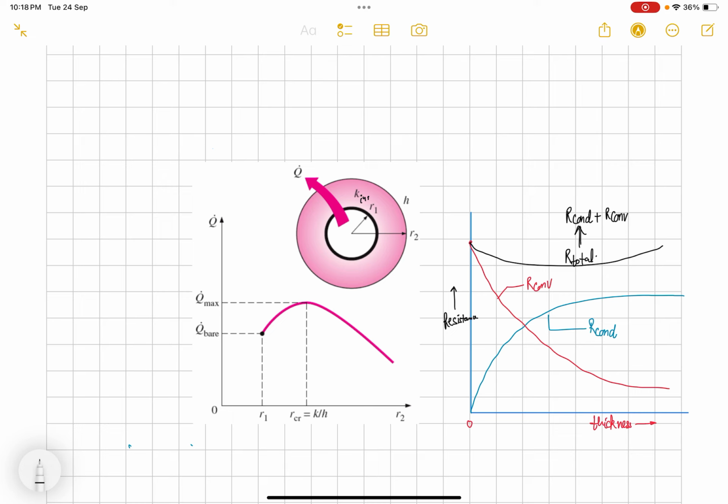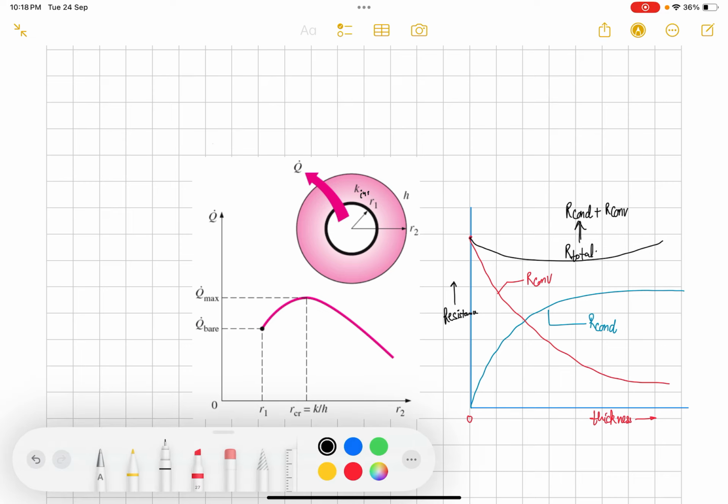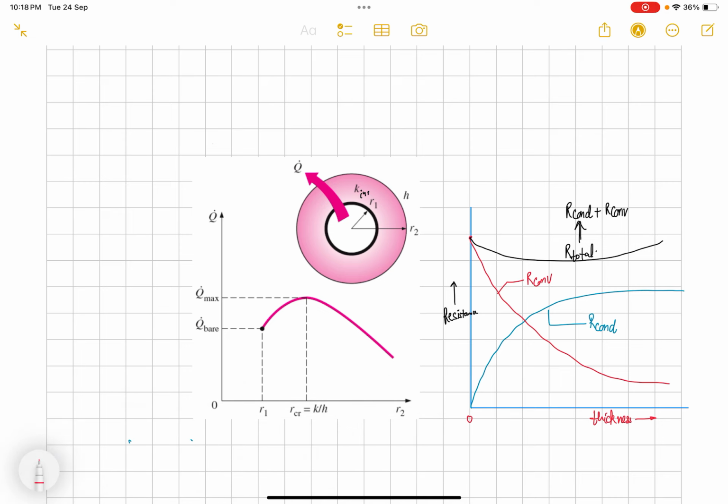So if we plot the conduction and convection resistance, as we saw previously, let's say this is the material, let's say it is a cylinder and we are insulating it from the outside. This is the insulation.